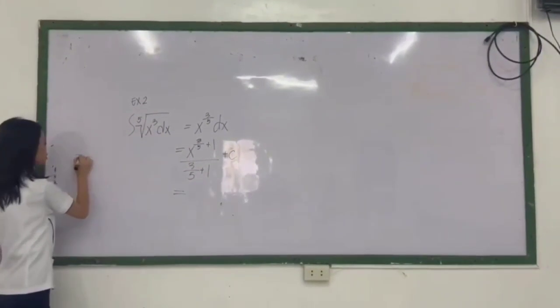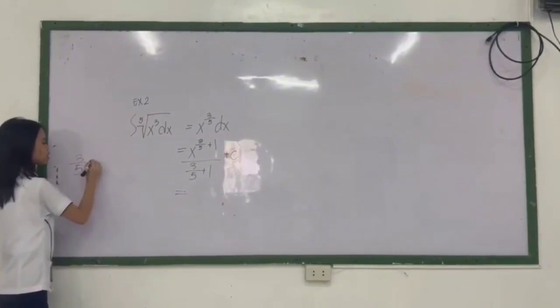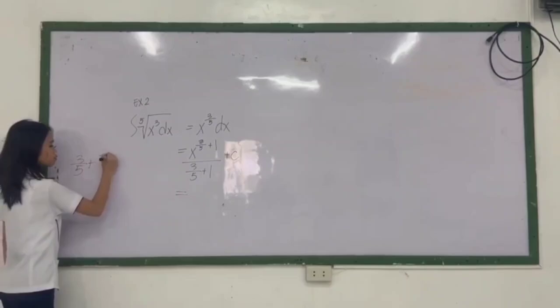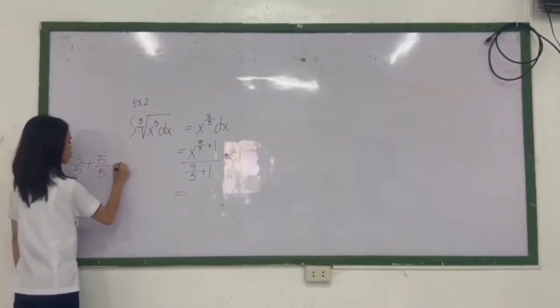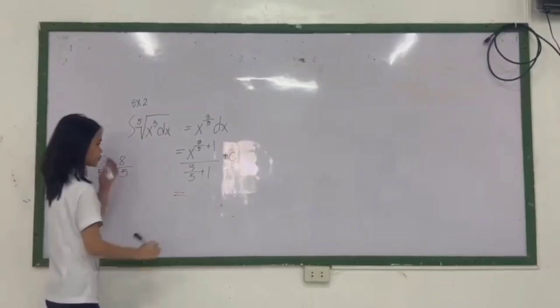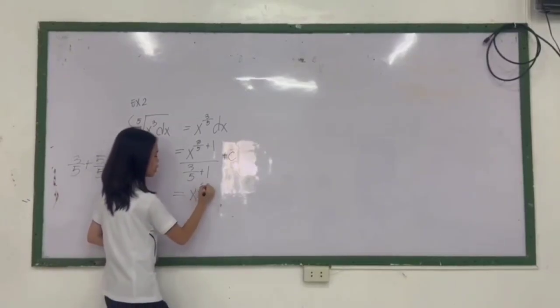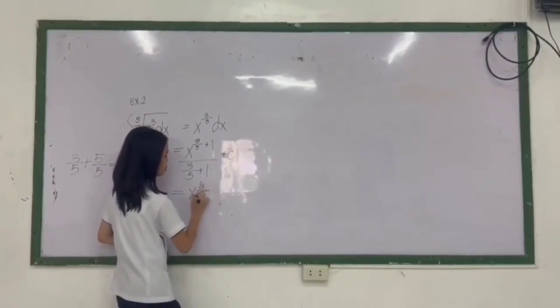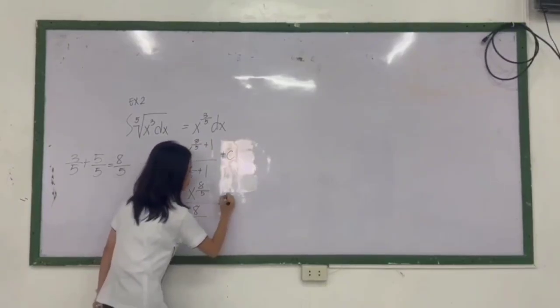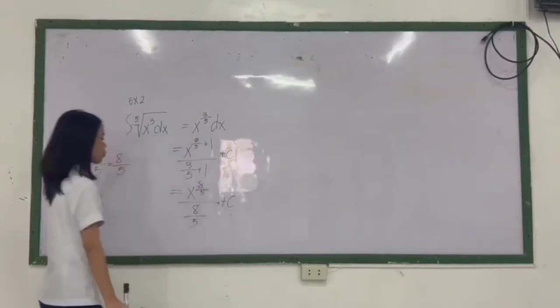Again, 3 over 5 plus 1 is the same as 3 over 5 plus 5 over 5. So our answer would be 8 over 5: x raised to 8 over 5, over 8 over 5, plus c.